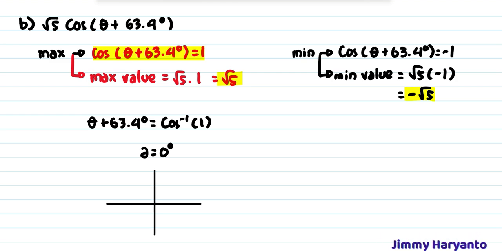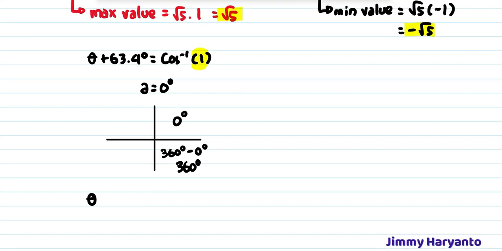The value of the cos is positive 1, that means it has to be in the first and the fourth quadrant. That means you will have 0 and 360 degrees as the result. That also means theta plus 63.4 degrees equals 0 degrees, 360 degrees.